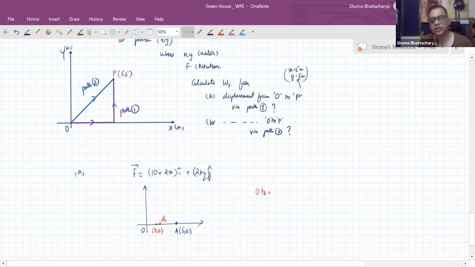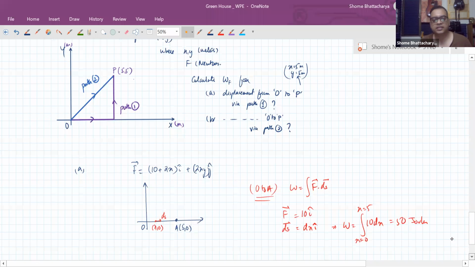So O to A, the work done, this integration, F is going to be how much? It is going to be just 10 i cap, and ds is going to be dx i cap. So the work done is going to be 10 dx from x equal to 0 to x equal to 5. So it is going to be 50 joules. Okay, that is the work done from O to A.